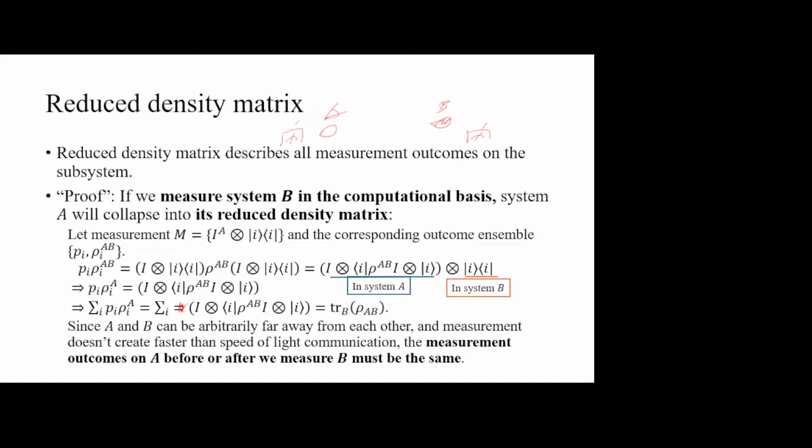Because they can be really far away from each other, by the principle of relativity, whatever B does should not affect the information on A. So B doing a computational basis measurement will collapse A to the reduced density matrix rho A, and that doesn't change A's measurement outcome. That means even if B doesn't do this measurement, the measurement A does is the same as the measurement on the reduced density matrix rho A.